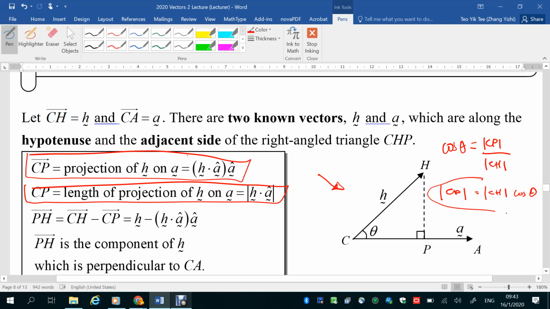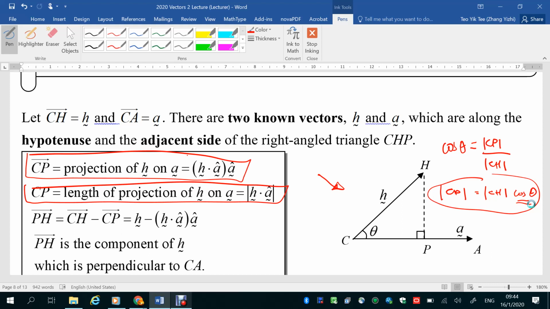So remember this. I want you to look at the next section now. How do you actually find cosine theta? Based on this diagram, you have learned your dot product. What is cosine theta? Who dot who? If I'm interested in this angle, it is CH dot with CA, right?